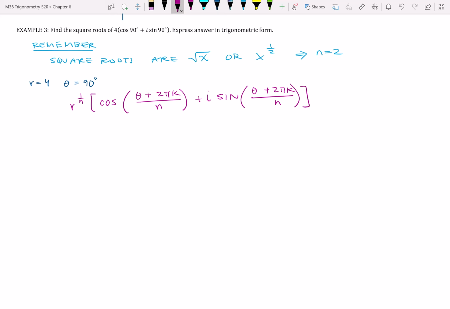And again, this formula helps us find all of the different roots to this solution.